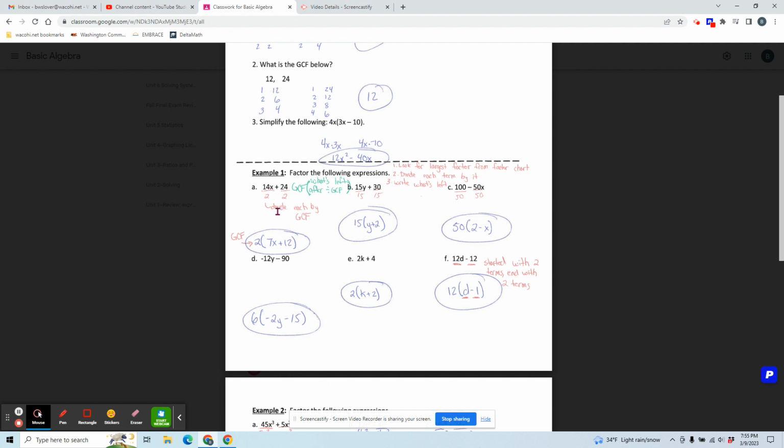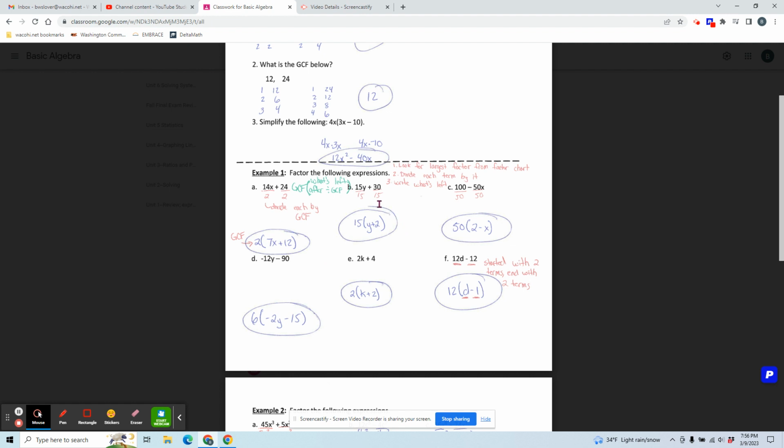After you divide, that's what goes inside your parentheses. So that's what this green note is. For any of these problems, you have the GCF on the outside, and on the inside, you have what's left after you divide by your GCF. So my answer is 2 times the quantity 7x plus 12. That's me factoring this expression.